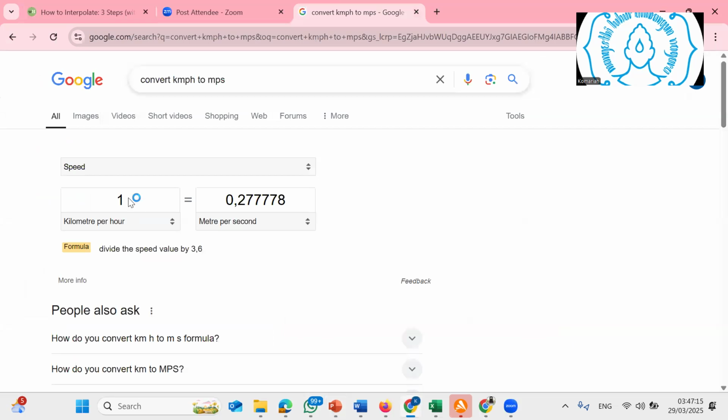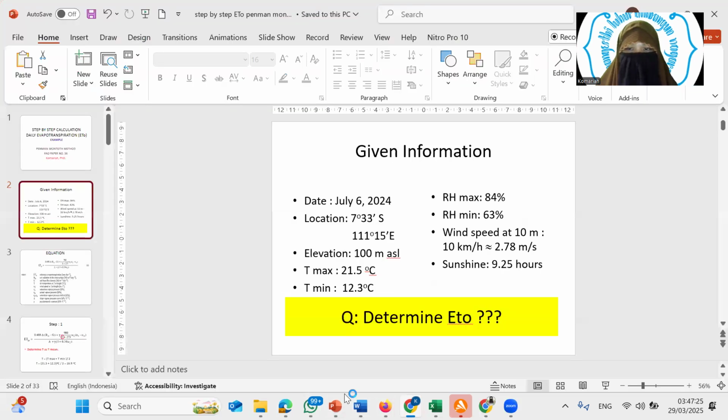You put it here, and 10 kilometers per hour will be 2.7778 meters per second. So we just change it here. Many times the meter per second information is not given, so you have to calculate it by yourself. Okay, so this is the wind speed, 2.78 meters per second at 10 meters.